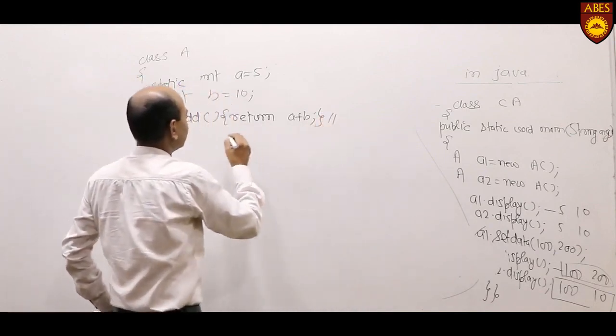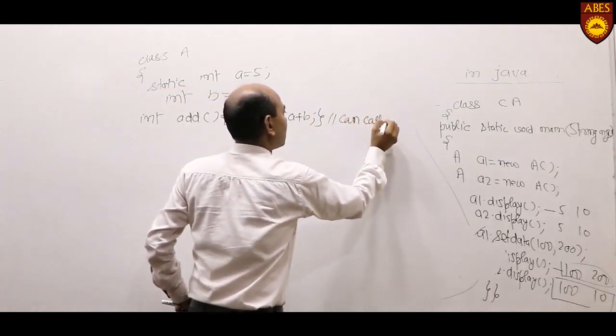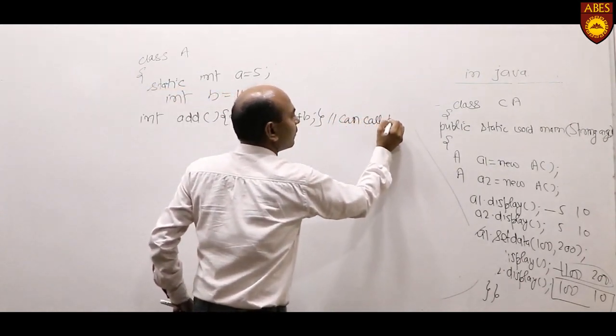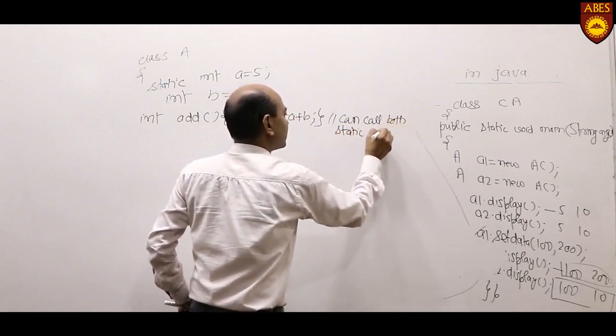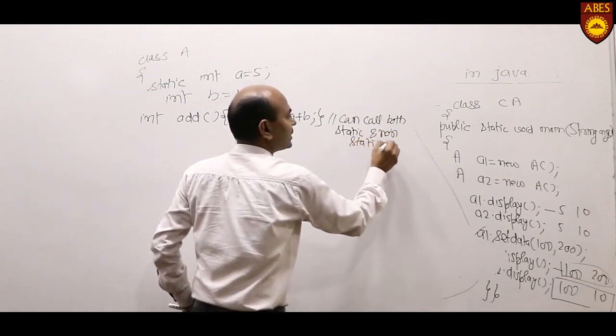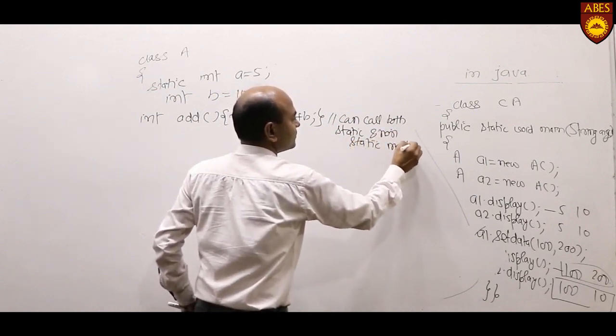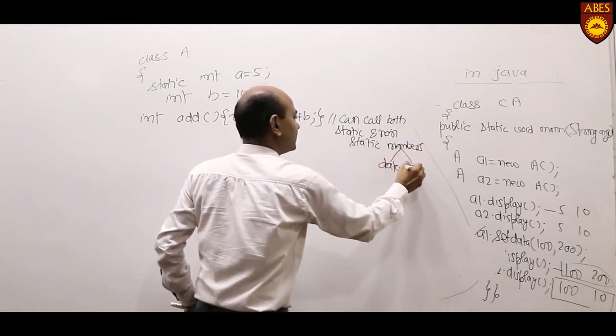So here we can write: can call or use both static and non-static members. Members could be both data and methods.